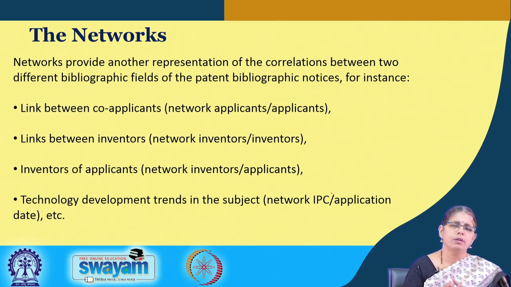So today, from the analysis tools that are available, one can actually see a lot of network information in relation to the patent data set that is collected. And typically this involves the use of at least 2 fields for the preparation of the network.